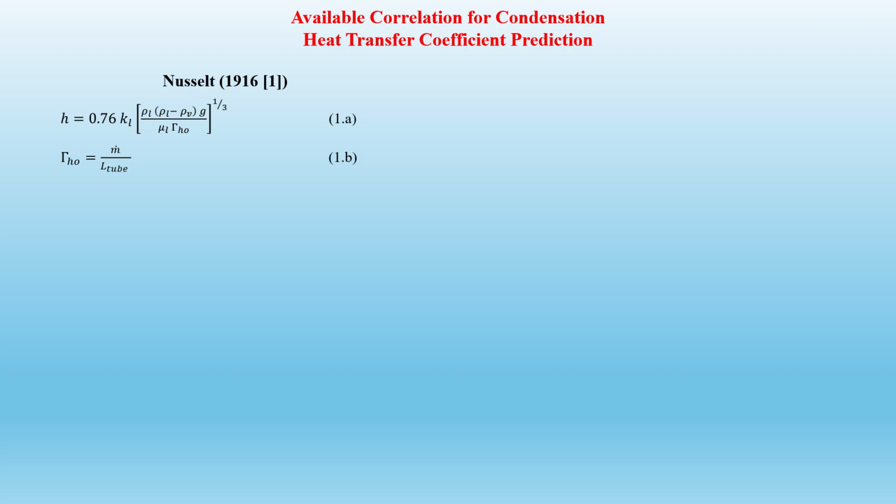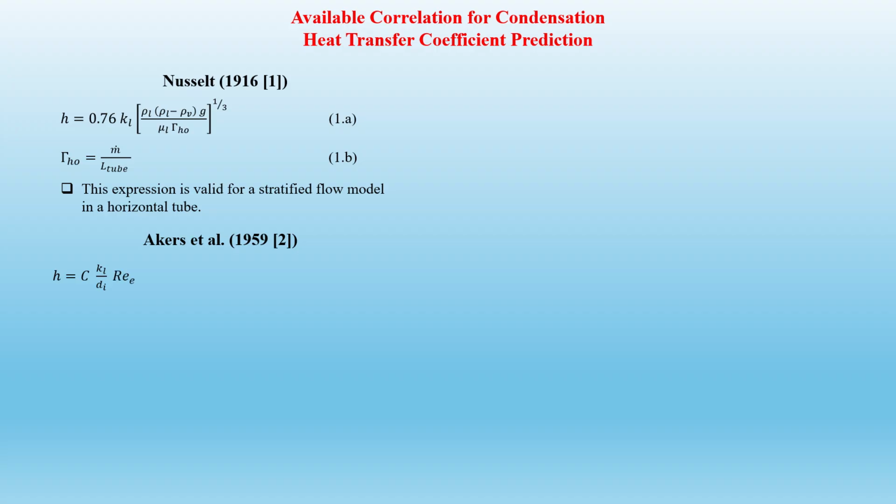This equation can give a heat transfer coefficient of the condensation process inside a horizontal tube. We will find that this correlation is quite conservative. Of course, this is valid for the stratified flow model in a horizontal tube.